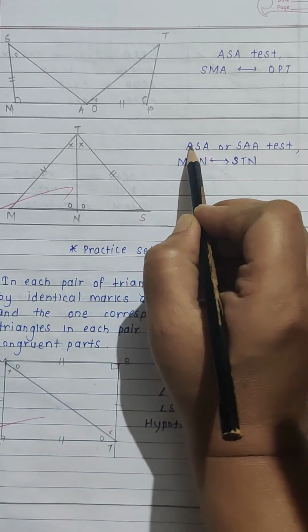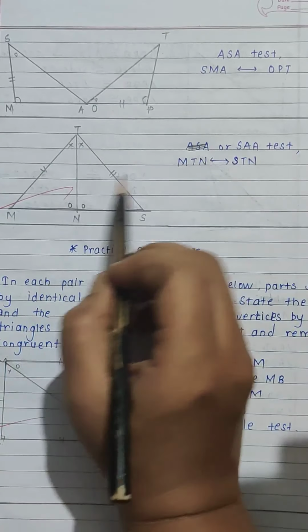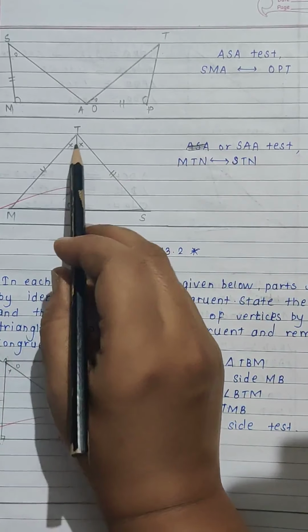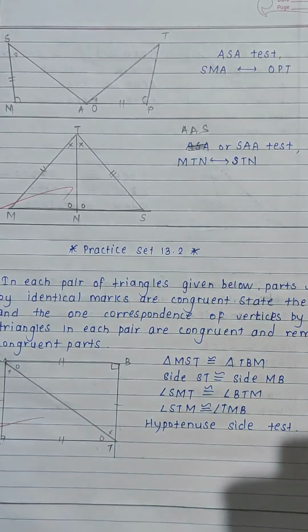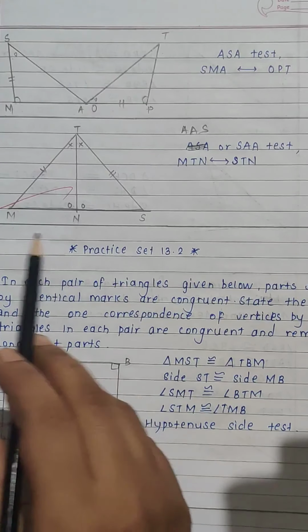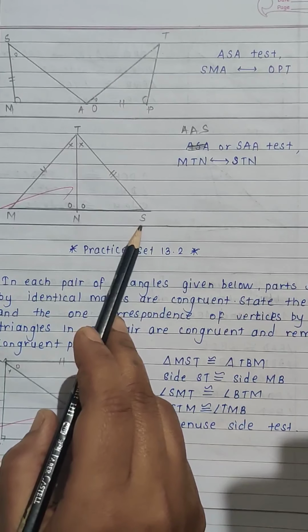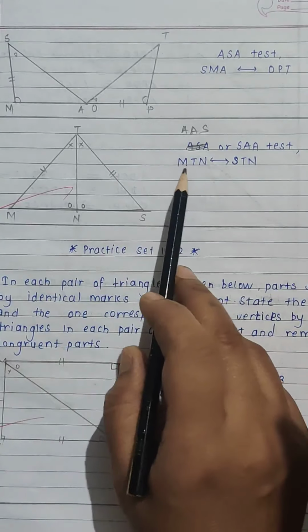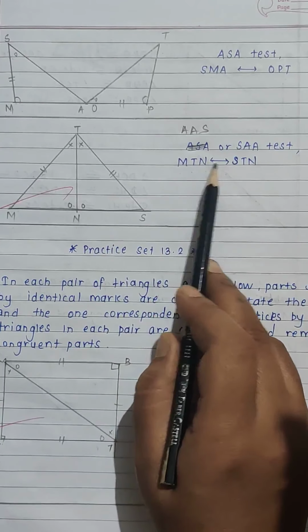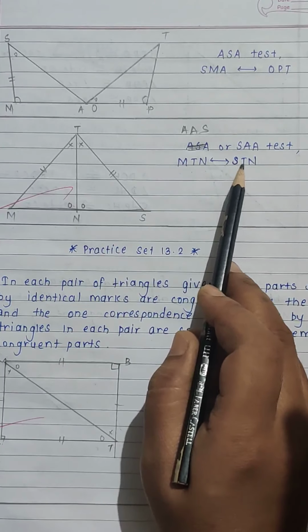This is wrongly written. Or side angle. This is angle side or side angle test. And one-to-one correspondence is M coincides with S, T with T, and N with N. So we are having MTN, one-to-one correspondence to STN.